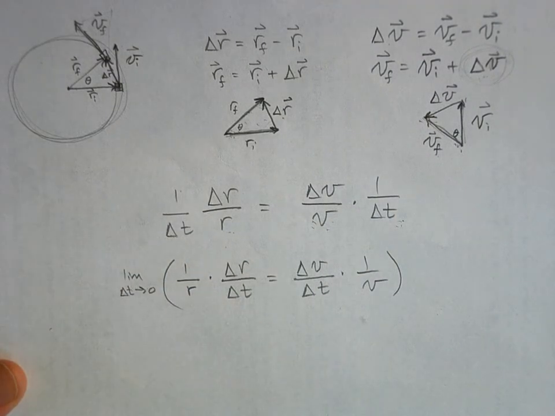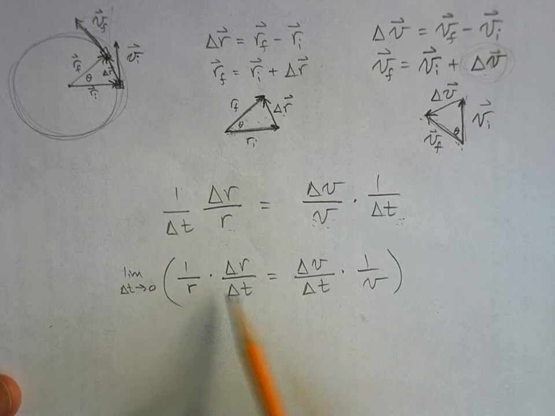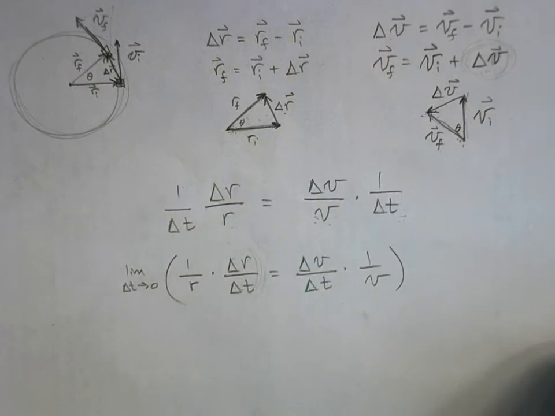Now what I'm saying here is that this ratio of delta r over delta t is going to shrink, and both the numerator and denominator are going to shrink to tinier and tinier numbers, and that's called taking a derivative. But actually, if you're not in calculus yet, don't worry about it.